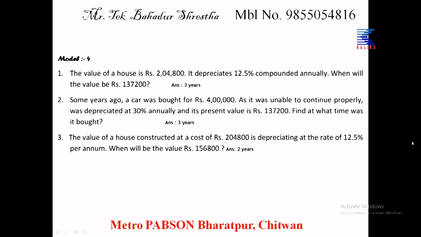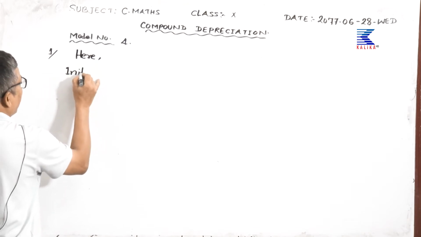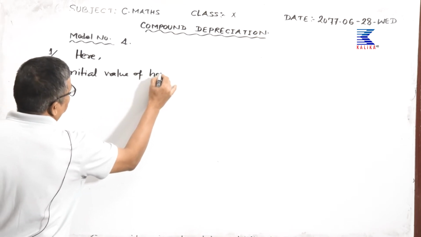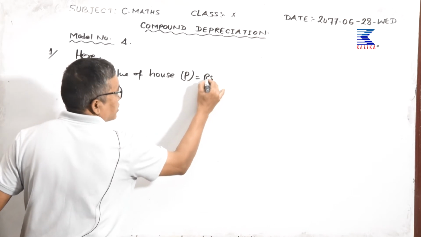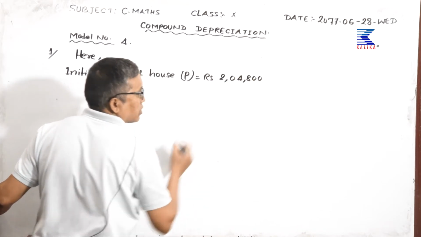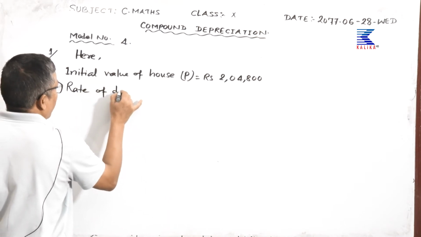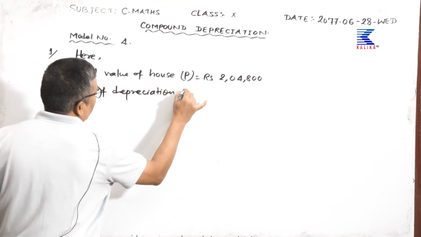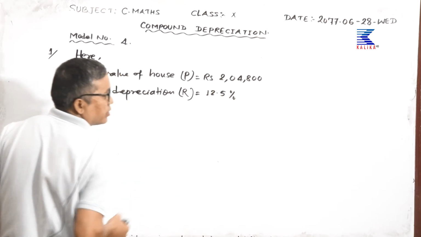Here the initial value of the house, P is equal to rupees 2,04,800. Clear? Rate of depreciation, R equal to 12.5%.